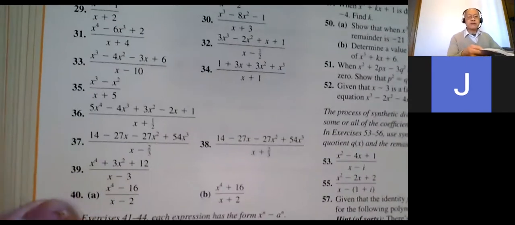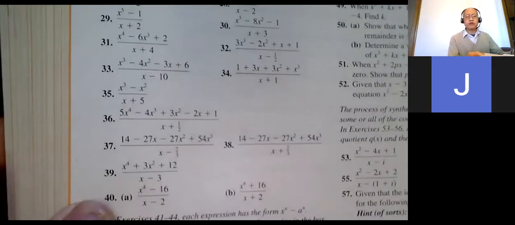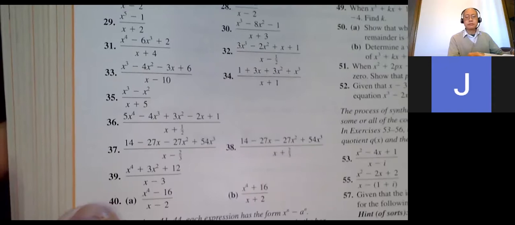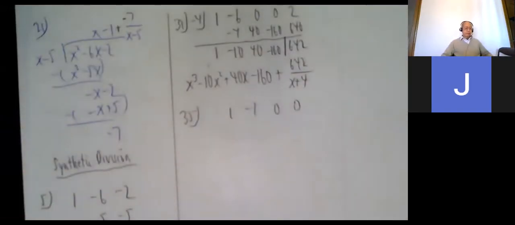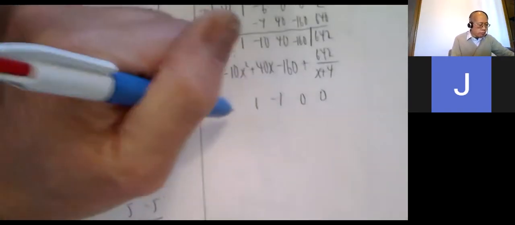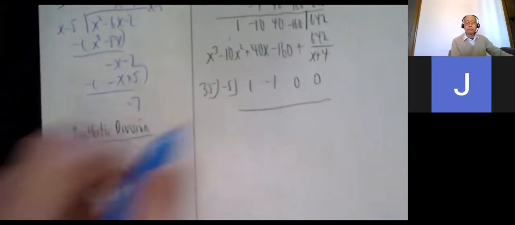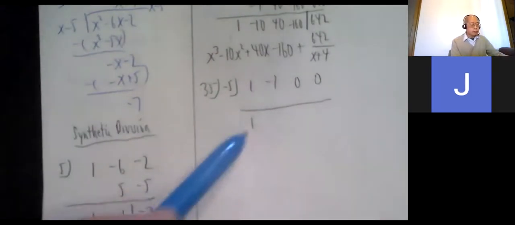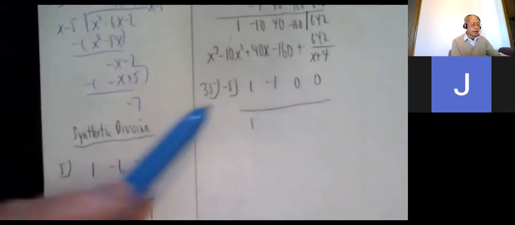Okay, and number 35, I'm dividing by x plus 5. Therefore, what do I put on the left side? Negative 5. Bring it down. Multiply, add, multiply, add, multiply, add.